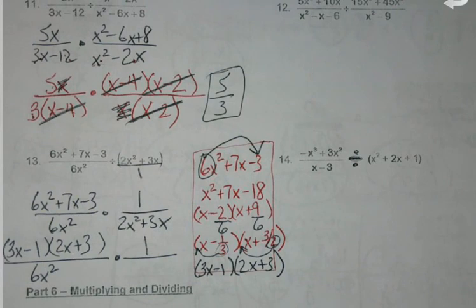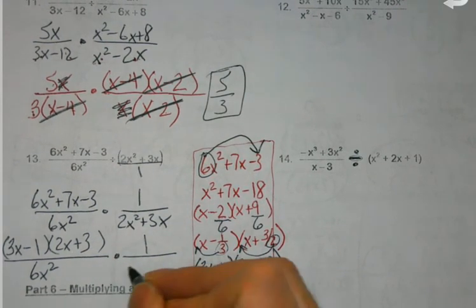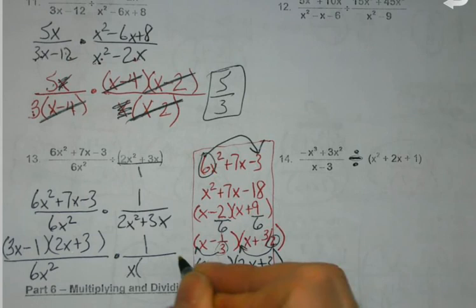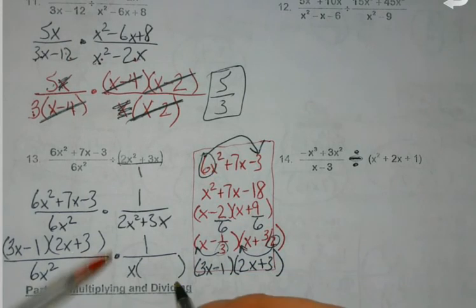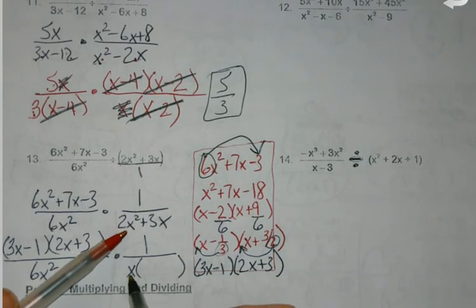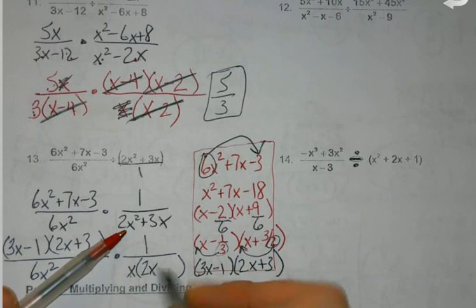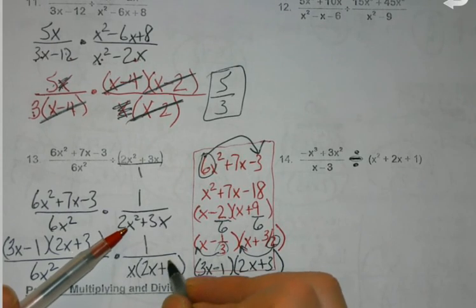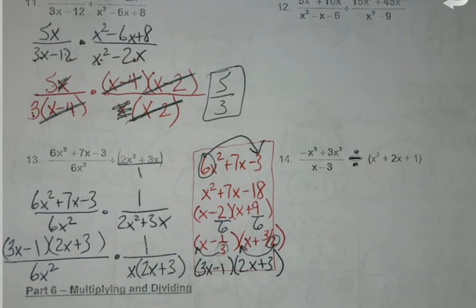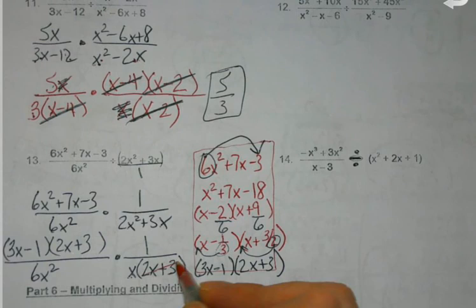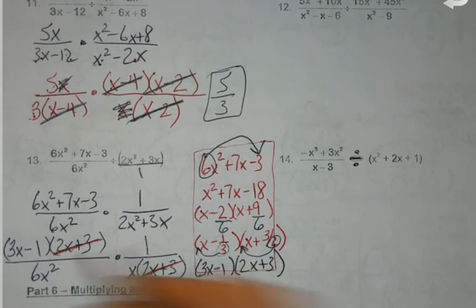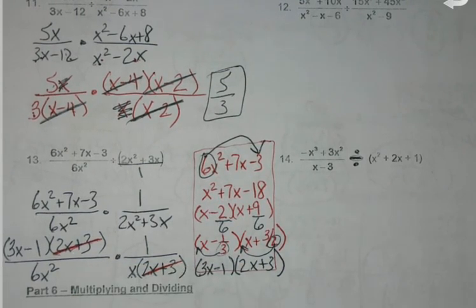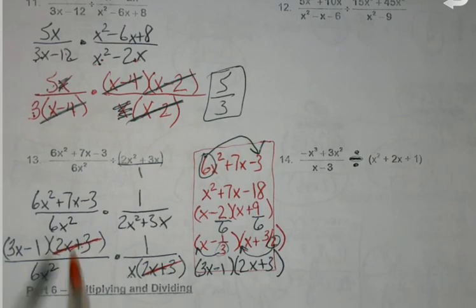So I look and I go, okay, take out an x, and what am I left with? Well, x times 2x would get me 2x squared. x times 3 would get me 3x. And now I can go into canceling mode. But here's why this one's important. I can cancel diagonally. I can cancel top to bottom.